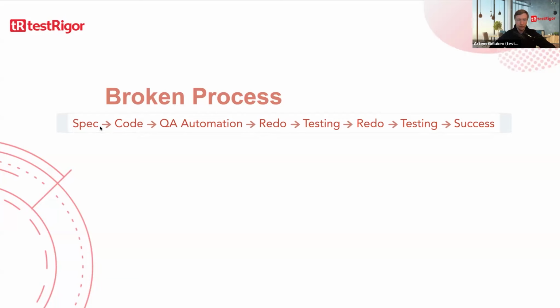And if engineers were able to fit in the sprint, it's very unlikely that QA automation were able to fit in the same sprint as well. So basically, QA automation here is playing a catch-up game. It's like always a losing game. It is almost impossible to catch up.